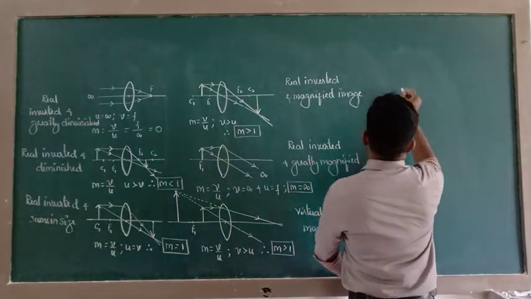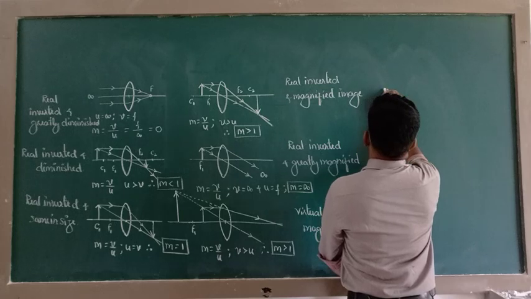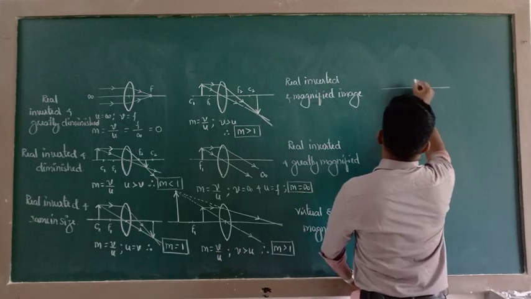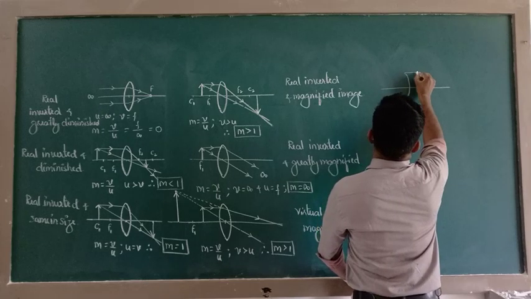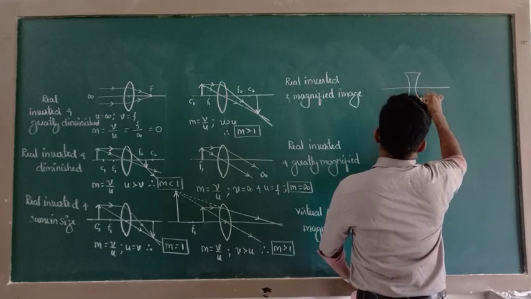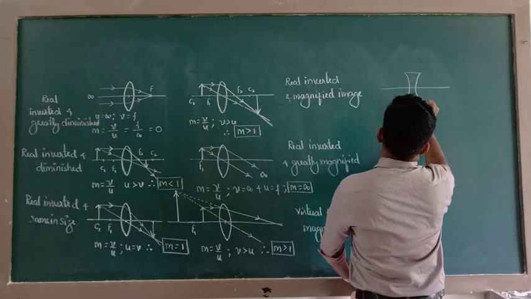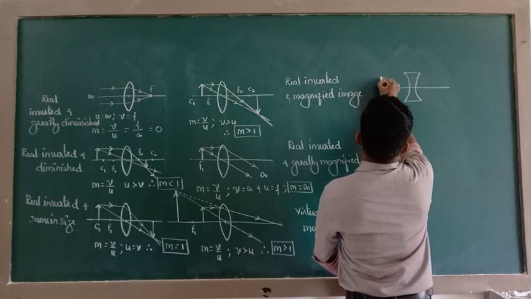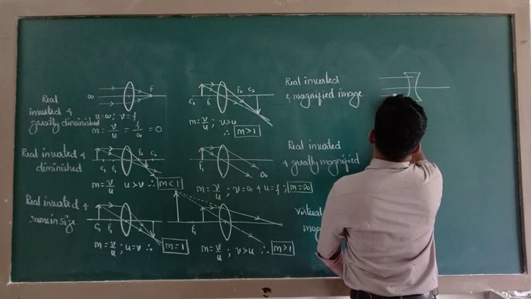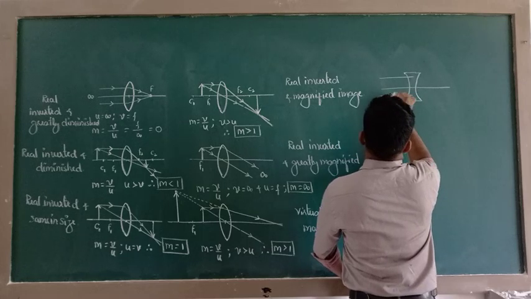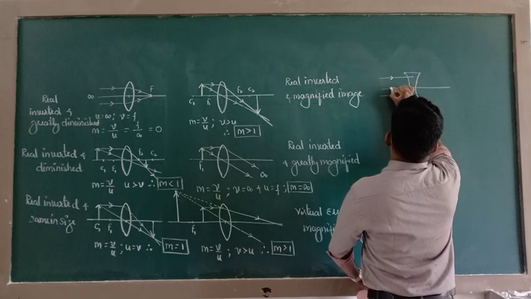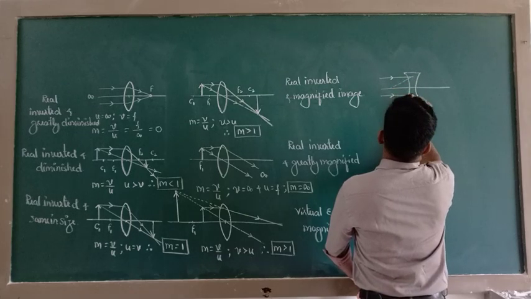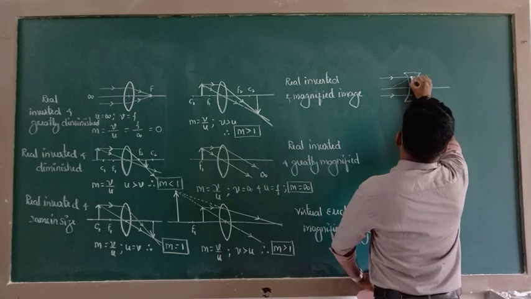Similarly, in case of a concave lens, when an object lies at infinity, the light rays are parallel to the principal axis. Then after refraction, we will get a divergent beam of light.